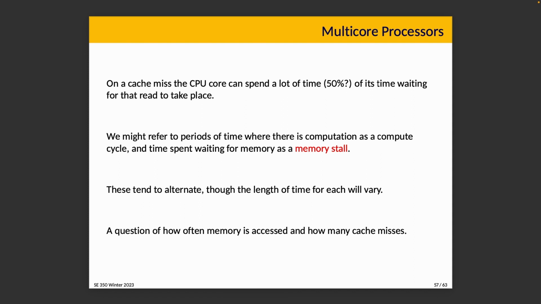So on a cache miss, as we've discussed more than once now, a CPU core can spend a lot of time waiting for that read to take place. And so we might refer to periods of time where there's computation as compute cycles and time spent waiting for memory as a memory stall. Why a stall? Because we can't move forward, we're waiting for memory. And this tends to alternate.